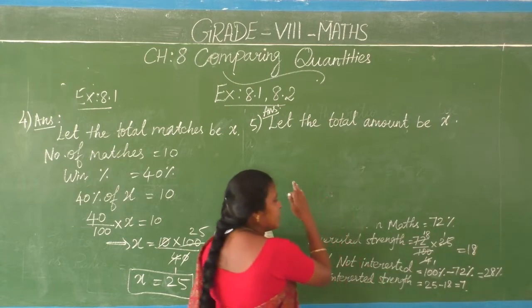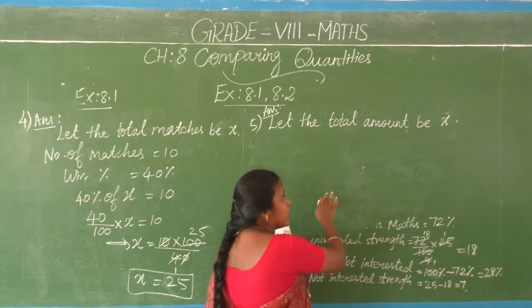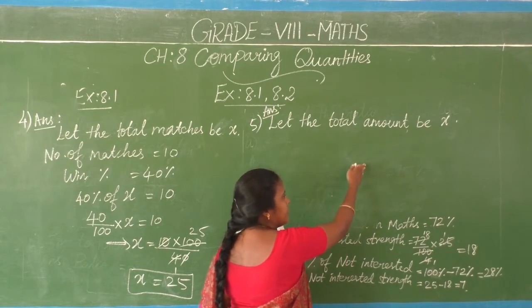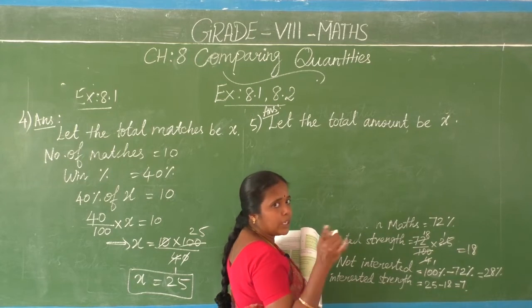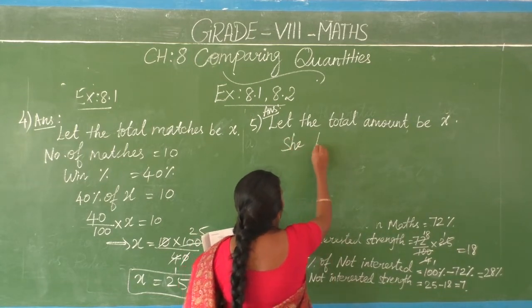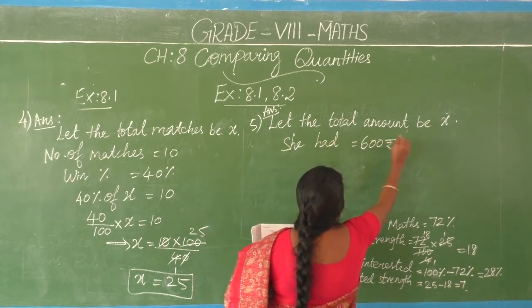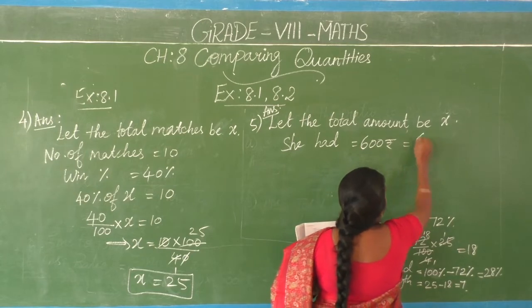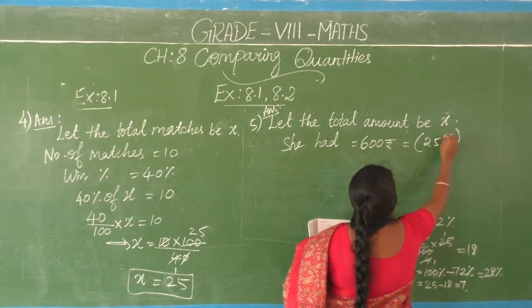She spent 75% of her money. The remaining, if 75% she spent, how much does she have in percentage wise? 25. We know that the total is equal to 100. She had 600 rupees. That is equal to 25%. Clear? We know well.